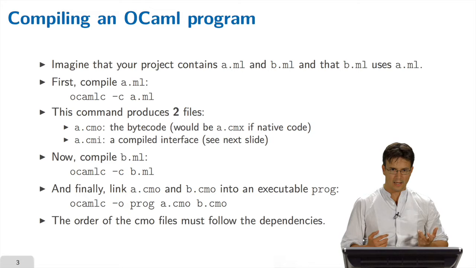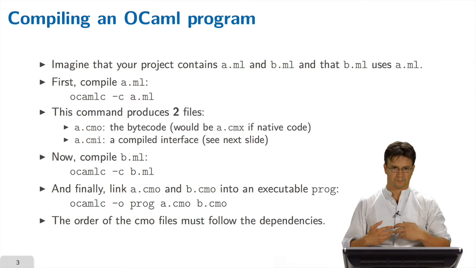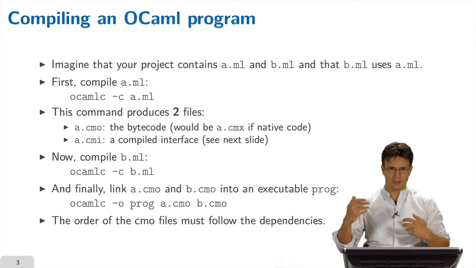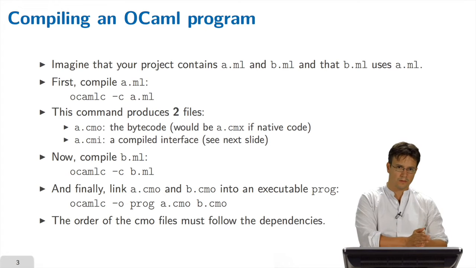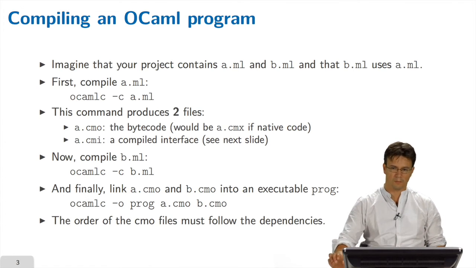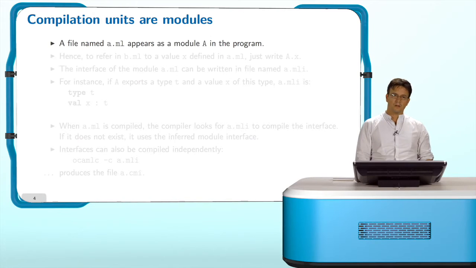So as a.cmo is used by b.cmo, it must come before b.cmo.